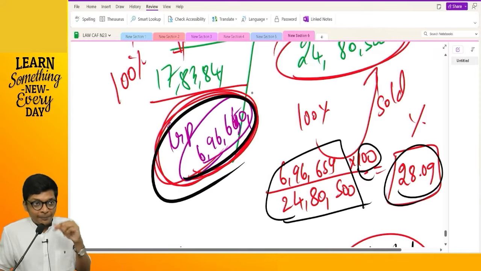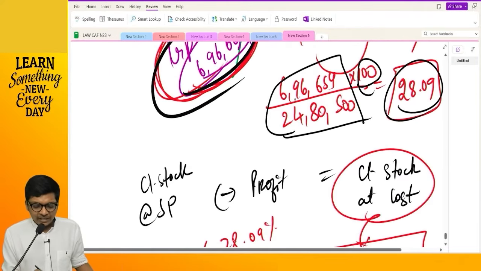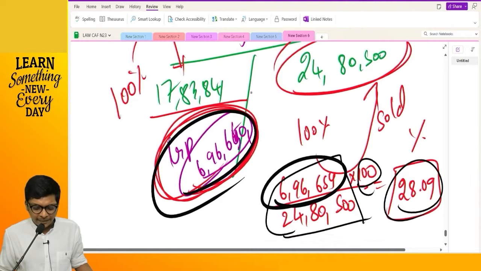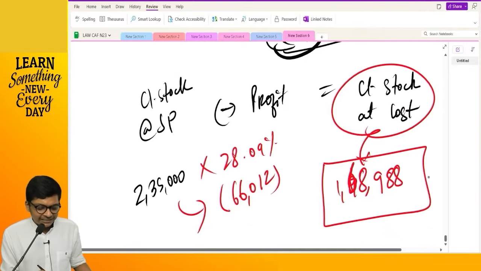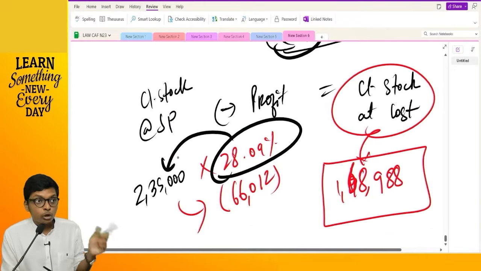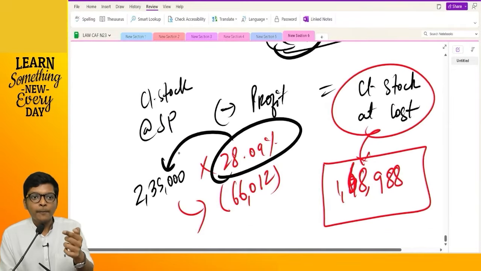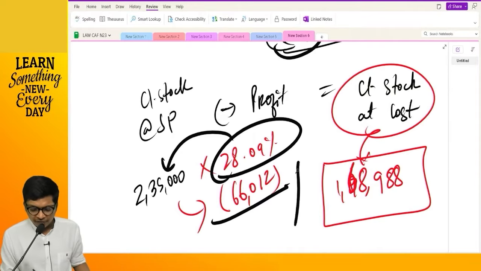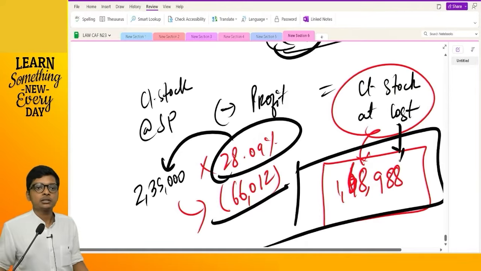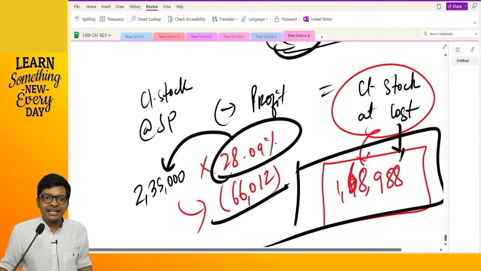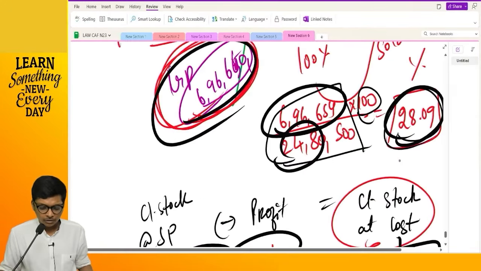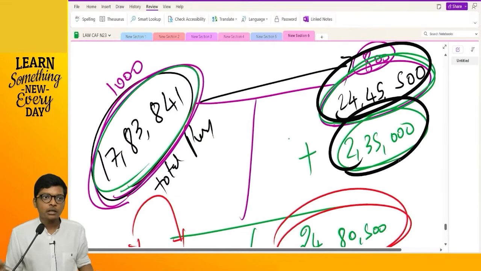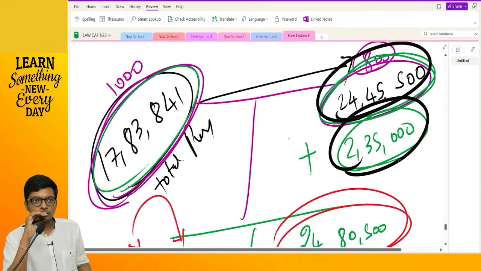So can we use this to find the percentage? 6,96,6 whatever divided by total sales, you found gross profit percentage is 28.09. Apply this percentage on the closing stock, which includes profit. If I remove the profit, you will get the cost. Are you following, guys? Aditya, understanding? Not maths, accounts only. Clear? Anybody has any doubt?